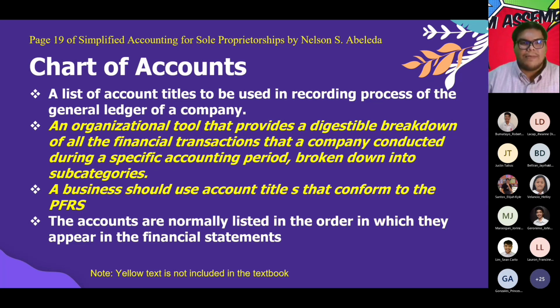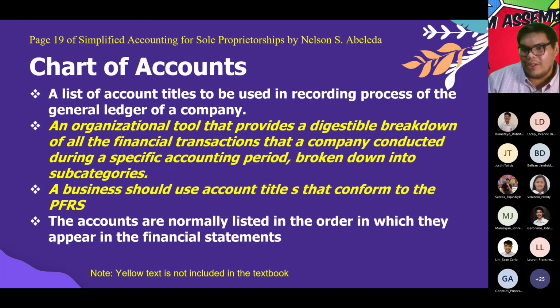Okay. So, tingnan natin definition dito. Mahaba yung definition ko, no? Kompleto. So, yun nga. Ito yung pinaka-simple na definition. It's a list of account titles to be used in recording process of a general ledger. Again, skip natin si general ledger for next topic. Medyo masakit sa ulo. No? It's an organizational tool.